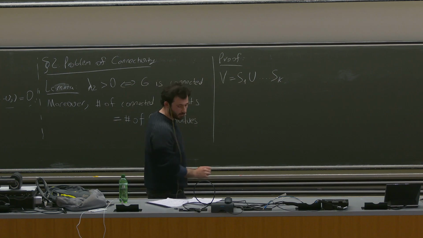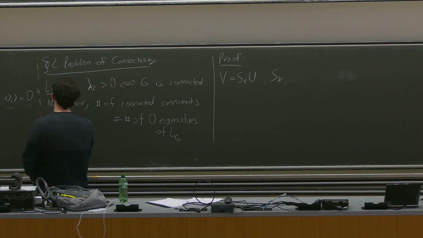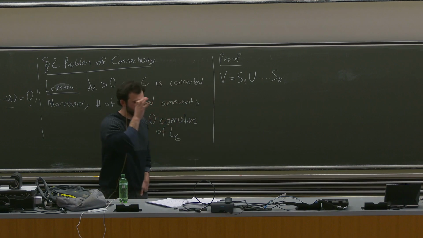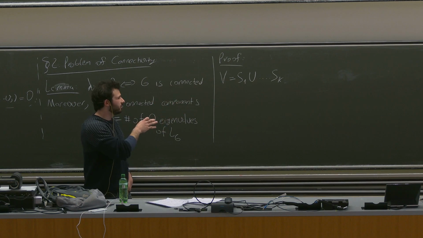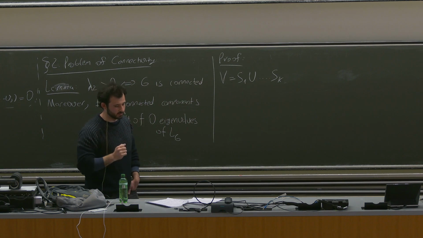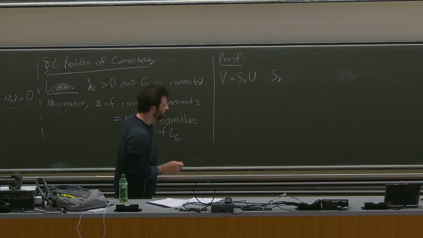And then we're going to define these vectors. These all-ones vectors turn out to be very useful. In this case, for each connected component, we're going to have a vector that is all ones only in the vertices that are in that connected component. So let me define that rigorously.